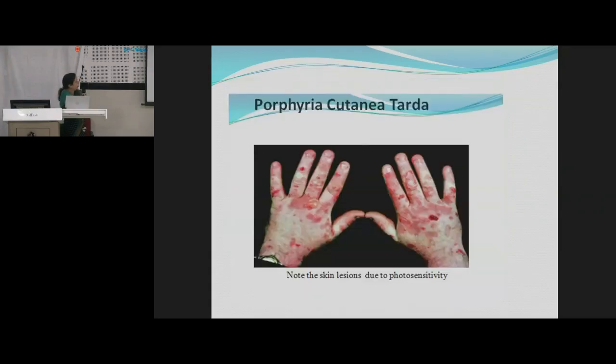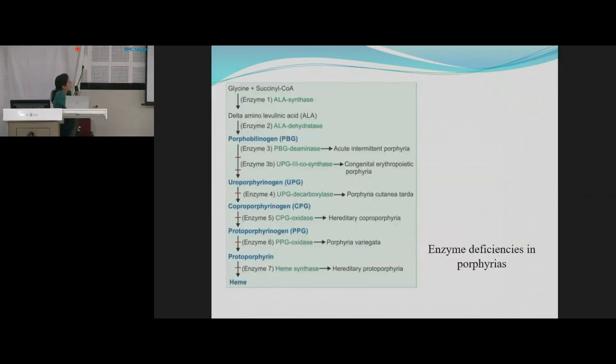And mainly skin lesions are seen in case of Porphyria cutanea tarda. So we have already seen why these skin lesions occur, because of increased activity of the reactive oxygen species. So we have seen up to this enzyme deficiency, that is uroporphyrinogen decarboxylase.